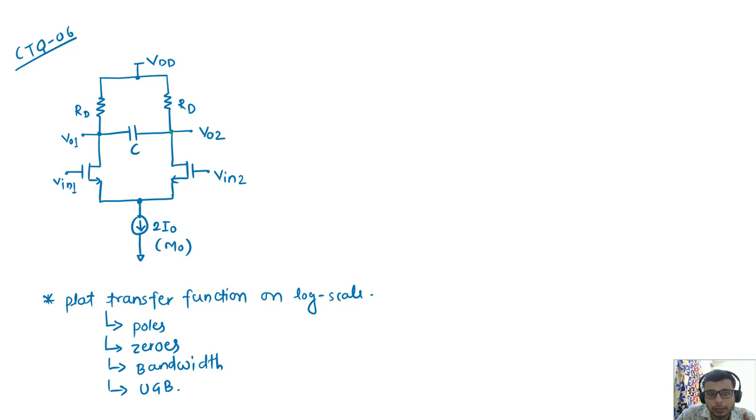So the general criterion for any transfer function is that we have to find the poles and the zeros and then put them into the equation. So first I will write what the transfer function is. In general, the transfer function, that we call V out by V in, we should have the knowledge of DC gain.